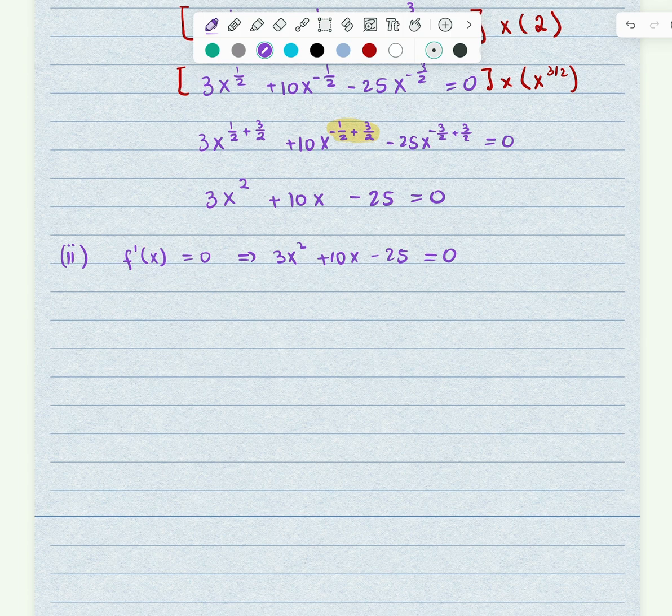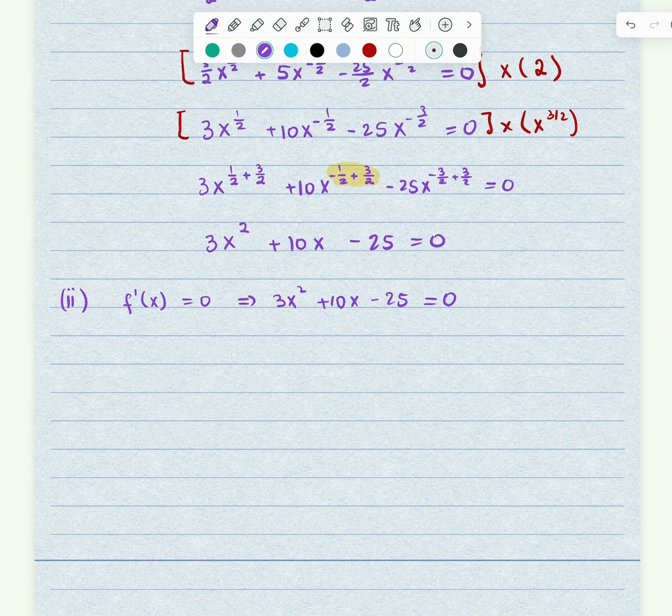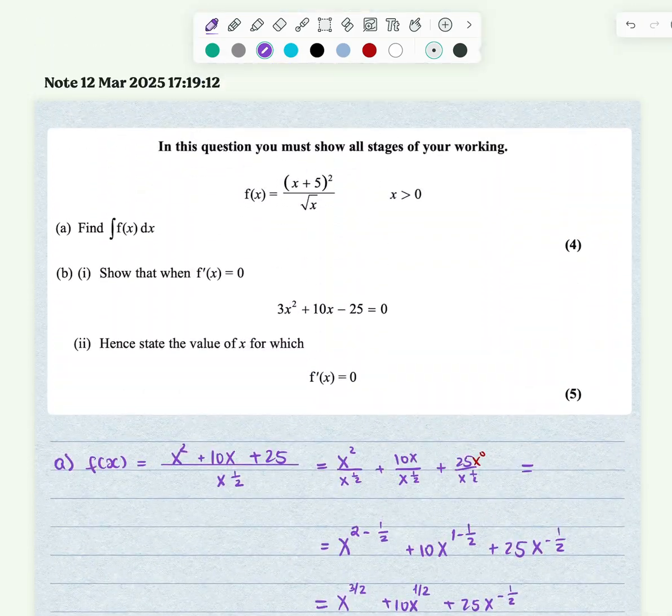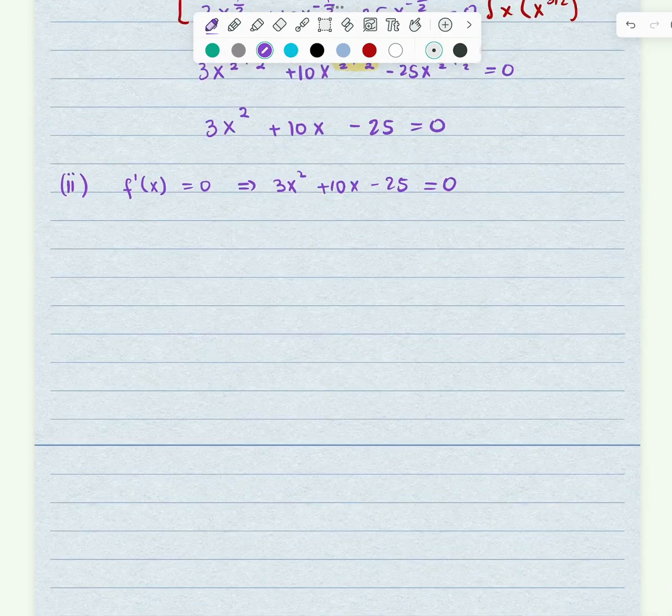Does it have a root or roots? Actually it's going to have only one root, because they say on the top that x is greater than 0, so we're only going to take a positive root here. Can we factorize it? Presumably it's factorizable. I'm going to give it a couple of tries.